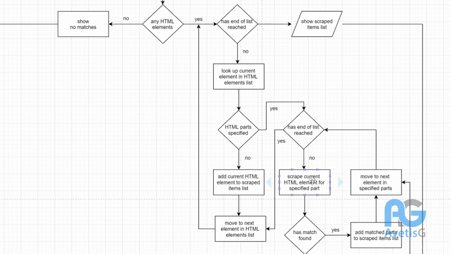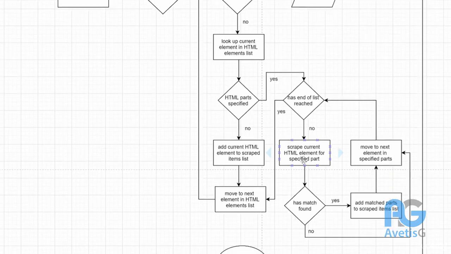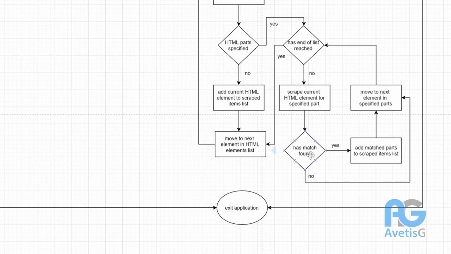This is the part where we say, this is the listing and we want specific things from this listing, and we're going to scrape those. If a match has been found for these specified things, then we add them to the scraped items list. If not, then we just move to the next specified element, and continue this loop again and again until the end of the list has been reached.